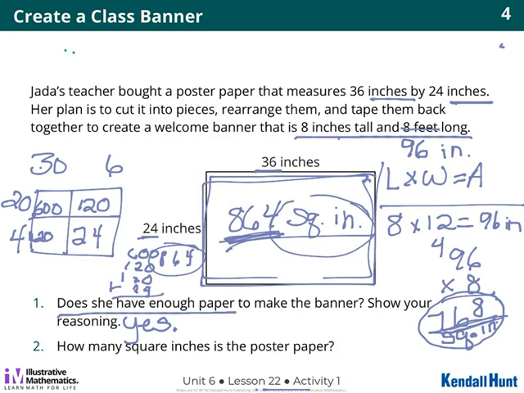Okay. That's not a good answer, is it? I feel like you have to find the whole area. I'm not sure. I would have to measure it out and try your method. Because I feel like I subtracted it and I got 768. Oh, you subtracted 96? Yeah. Oh, so then you knew you had enough.